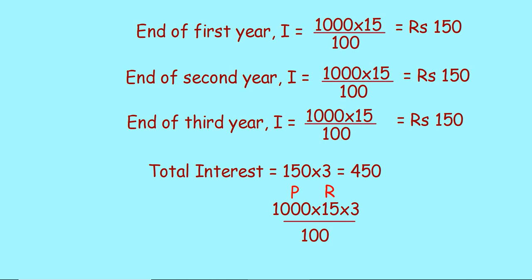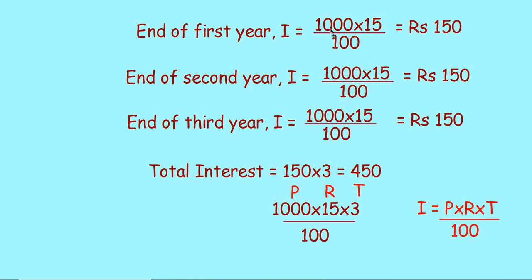Let it be denoted by the letter T, or time. So interest for many years we can calculate as I is equal to P into R into T by 100.